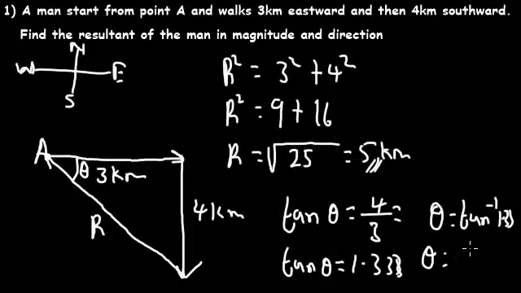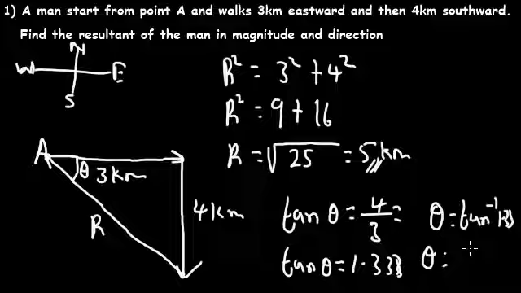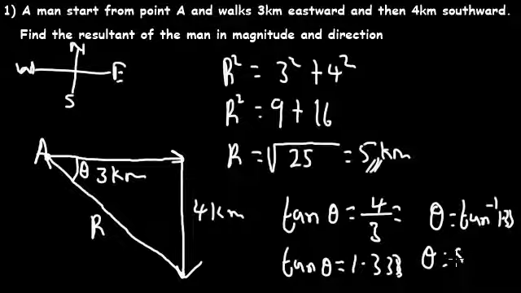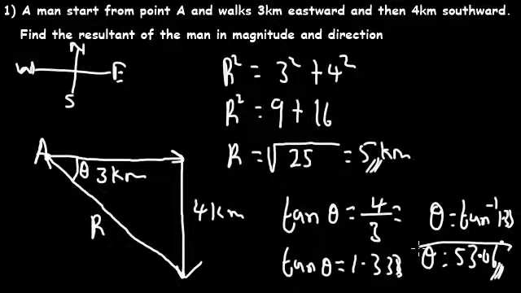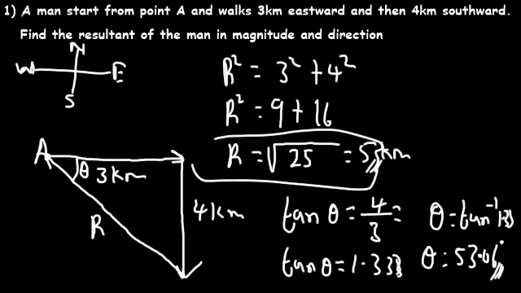So when I take the arctan of 1.33, I end up having 53.06 degrees. So this is the direction of the resultant vector, and this is the magnitude.